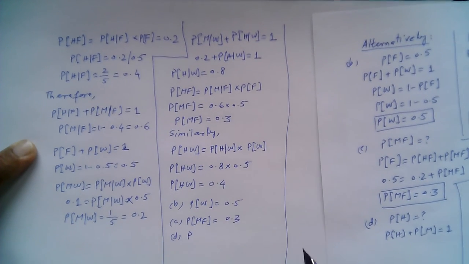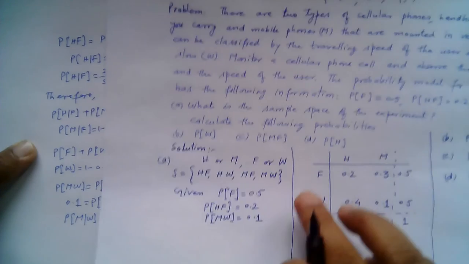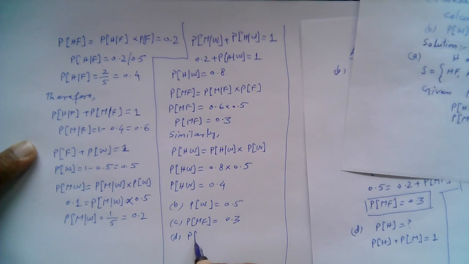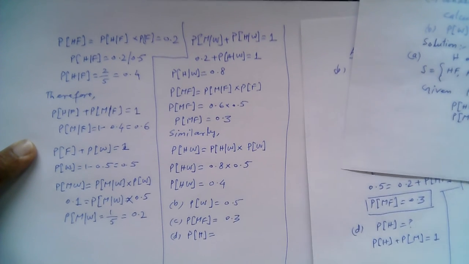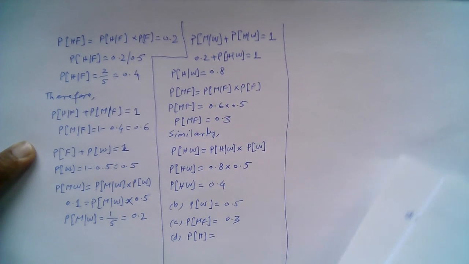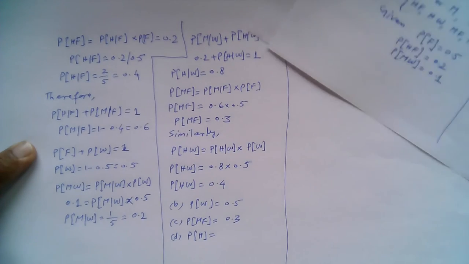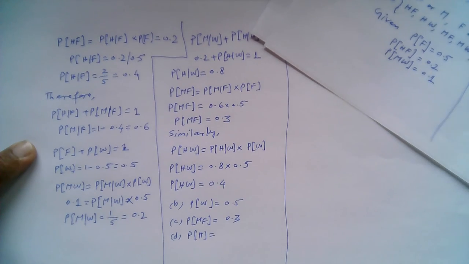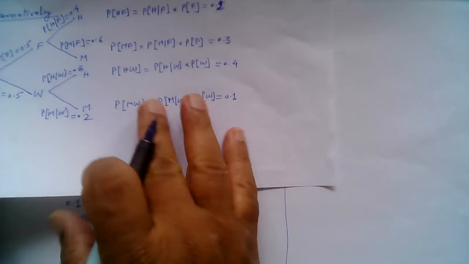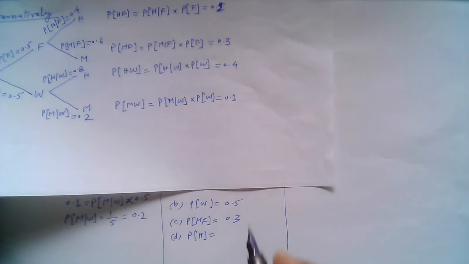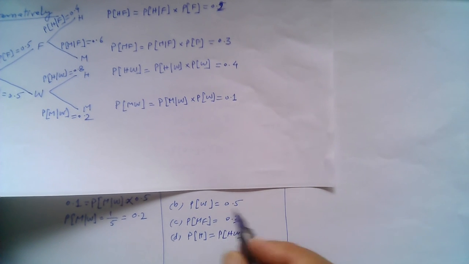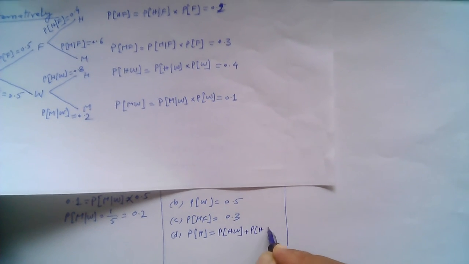And part B was the probability of handheld, H. So the probability of H is actually given by the probability of HW plus the probability of HF.